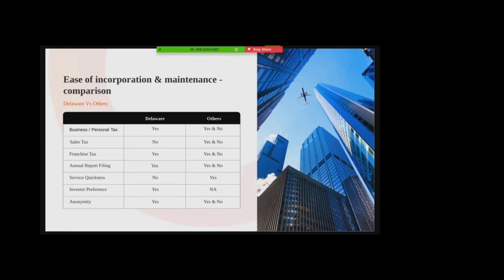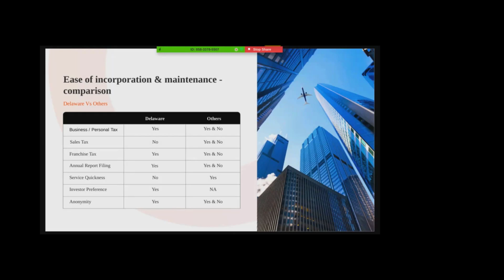Now, Delaware doesn't have a sales tax. Other states also, some of them have sales tax, some of them don't. For example, Oregon doesn't have sales tax, Wyoming doesn't have sales tax. Now, what is the difference when you have a sales tax? For example, if you are a company incorporated in Delaware and you sell a product in Florida, you are still liable to pay a tax in Florida. So it doesn't save you.